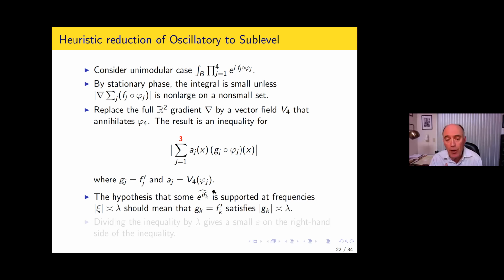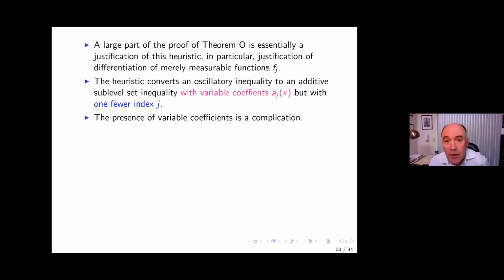And roughly, the proof goes by trying to make this heuristic work. So a large part of the proof of the oscillatory theorem is a justification of this heuristic. In particular, we have to, in a meaningful way, differentiate functions that are merely measurable. Okay, the heuristic converts an oscillatory inequality to an additive sublevel inequality.